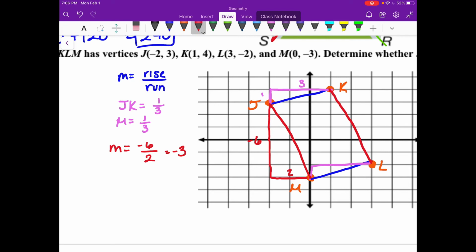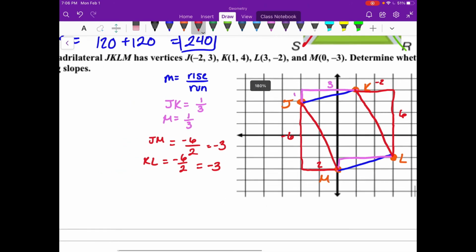Let's go up 1, 2, 3, 4, 5, 6. So we went up 6 this time, and this time we're going left 2, which is negative 2. And KL is negative 6 over 2 again, which simplifies to negative 3. Okay, again, the sides are all parallel to each other, so that's a good start.